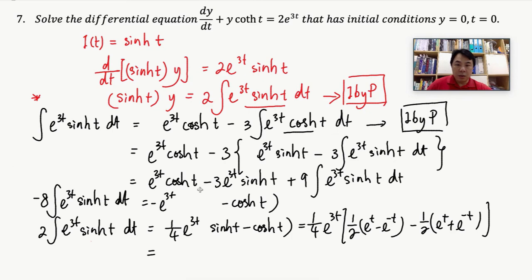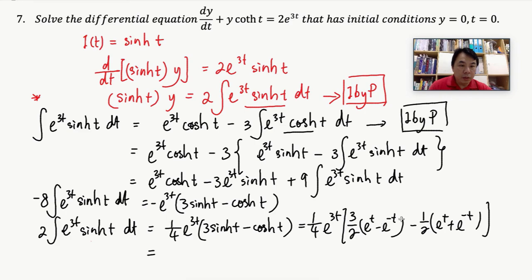I missed out that there's a 3 there. So 3 sinh t, and then there should be a 3 here. Now we are good. And therefore this part will be a 3.